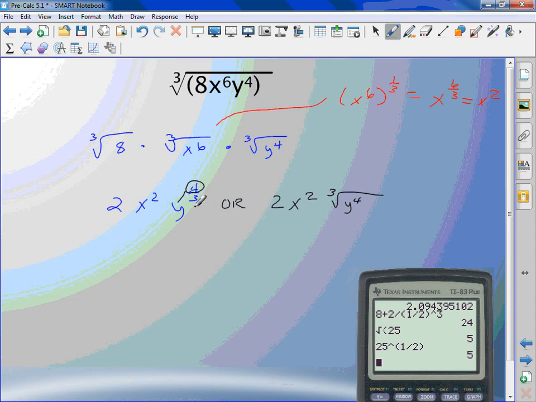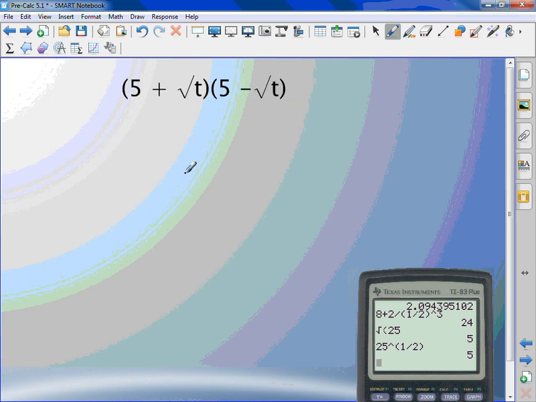The denominator always tells me the root. So if I had x to the 4/5, what's another way I could write this? What root would I have? This would be the 5th root of x to the 4th. Either one works. Most of you will probably do this one, and I have no problem with it. Here's another type.